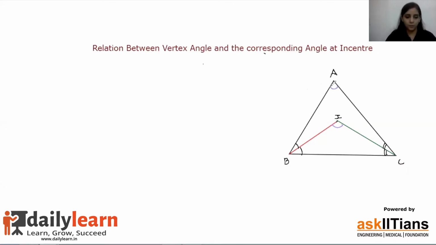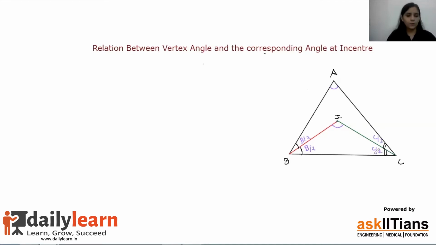It's very simple. Let us consider angle ABC to be angle B. So I take this angle as B by 2 and this angle as B by 2. Similarly, I take this angle as C by 2 and this angle as C by 2.